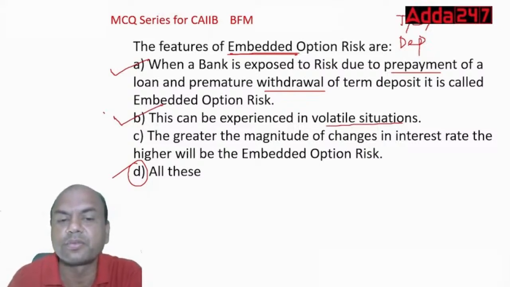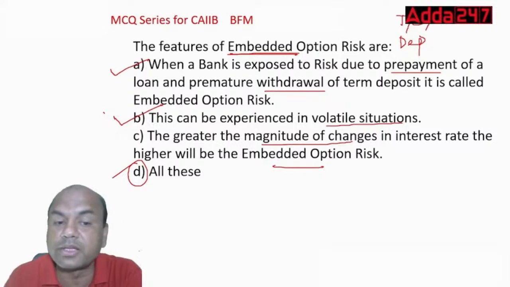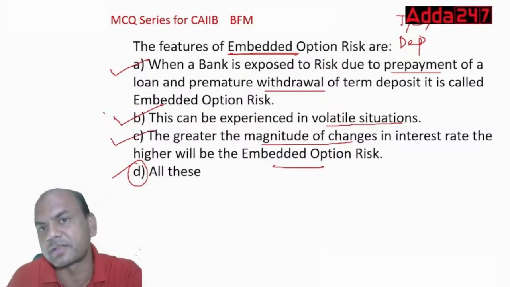C is true. The greater the magnitude of the changes in the interest rate, the higher will be the embedded option risk. So the more the changes in interest rates, the more the embedded option risk. So that is correct.